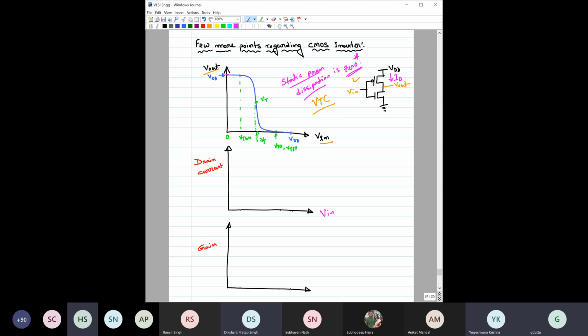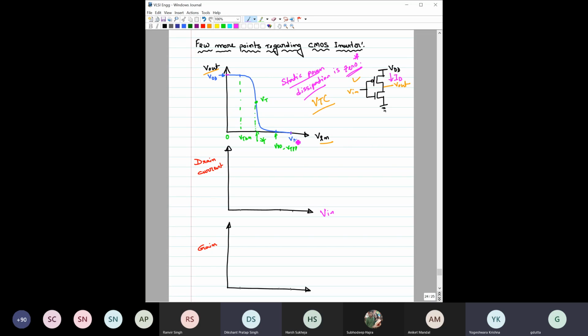Sir, I have a doubt in the first graph. How long does region 3 last in seconds? Can you give an idea of how long the transition period is in time? This x-axis is V in, not time. Yes, I mean if I switch from 0 to 1, approximately how much time?